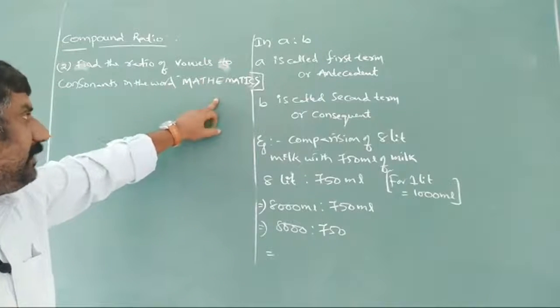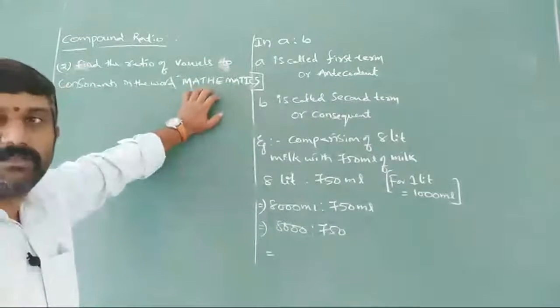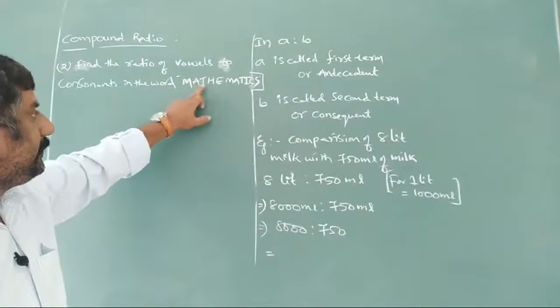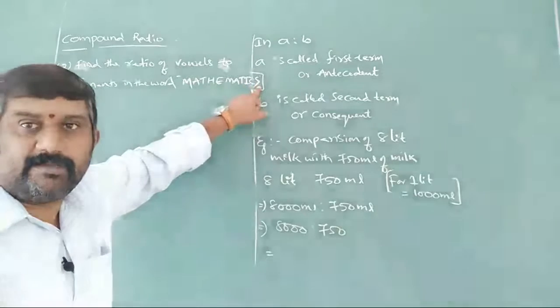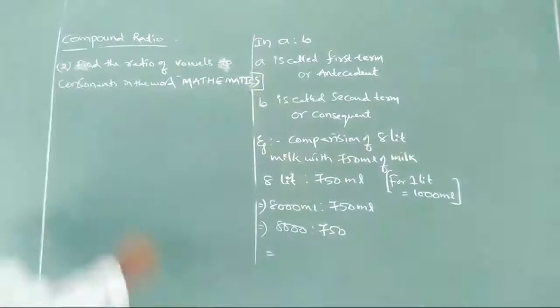First of all, observe how many letters are there in mathematics. 1, 2, 3, 4, 5, 6, 7, 8, 9, 10, 11 letters are there. So the total number of letters is 11.